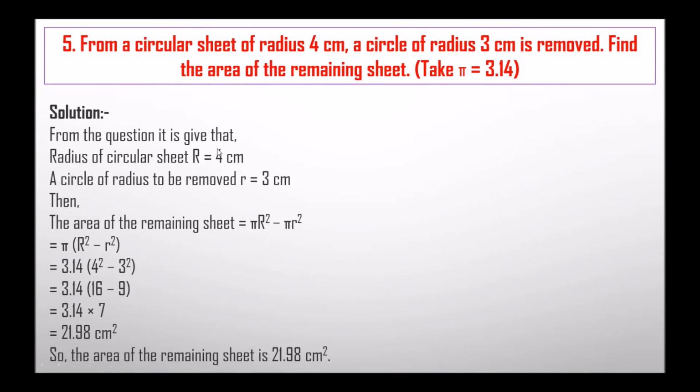Here capital R we have taken for the circular sheet, and small r for the removed circle. So pi bracket R square minus r square. So 3.14 bracket 4 square minus 3 square. So 3.14 bracket 16 minus 9. 3.14 into 7. That is 21.98 centimeters square.